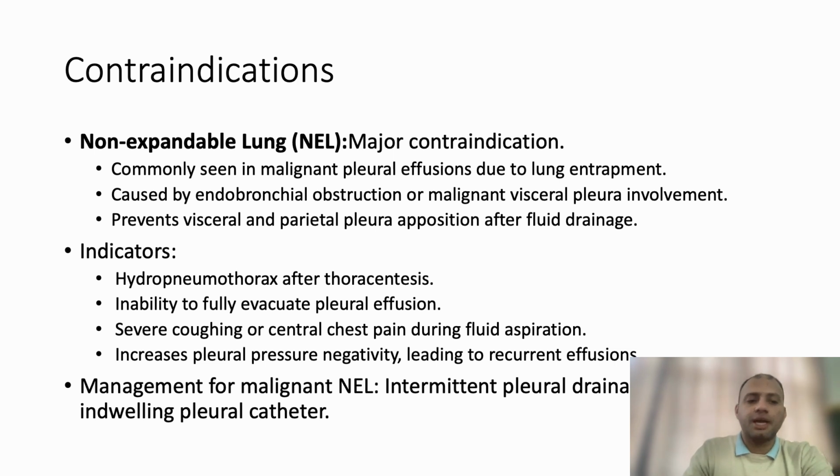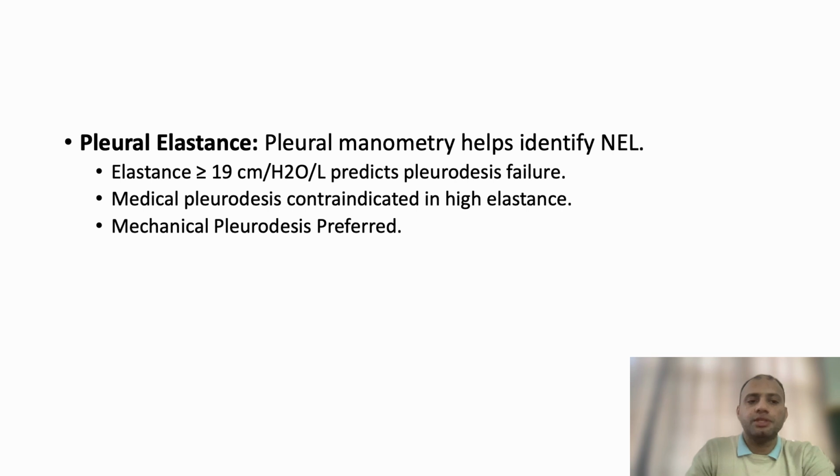The BTS guideline recommends intermittent pleural drainage with an indwelling pleural catheter for malignant non-expanding lung rather than pleurodesis. Next in the contraindication section is pleural elastance. Elastance means the fall in pleural pressure after draining 500 ml of fluid, how much the pleural pressure falls.